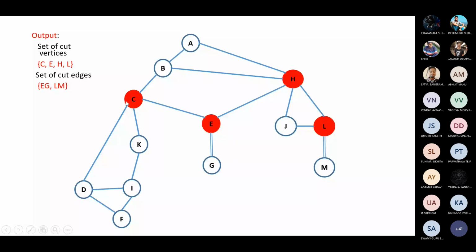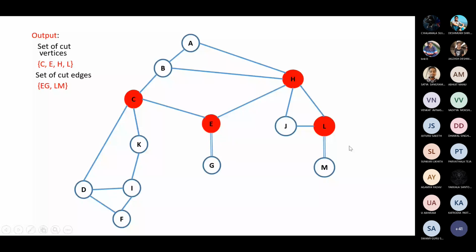If I remove E, it will create more than one component. Same for H and L also. And the cut edges are EG and LM, because if I remove EG, it creates more than one component. If I remove LM, it creates more than one component.